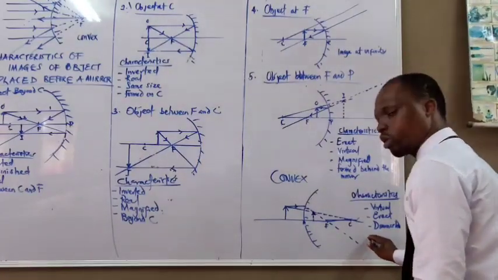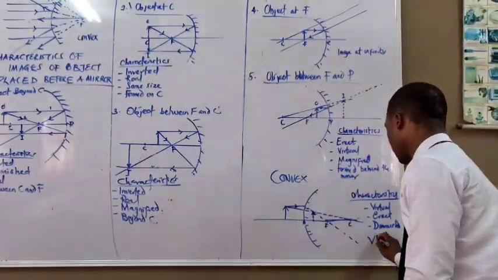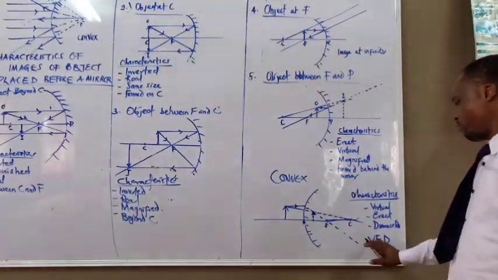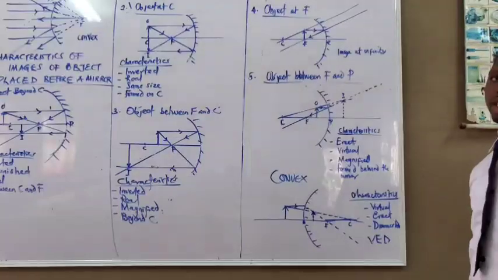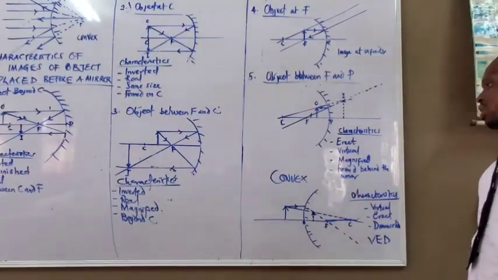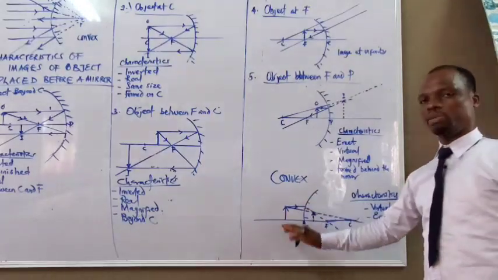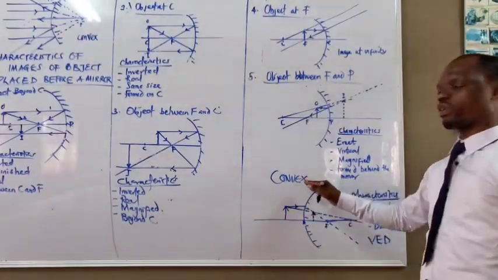So you can make use of this acronym, VERT. Virtual, erect, and diminished image. So these are the characteristics of any image of an object placed in front of a convex mirror.